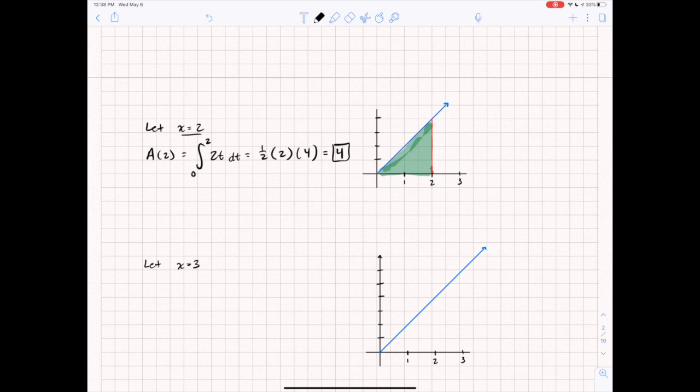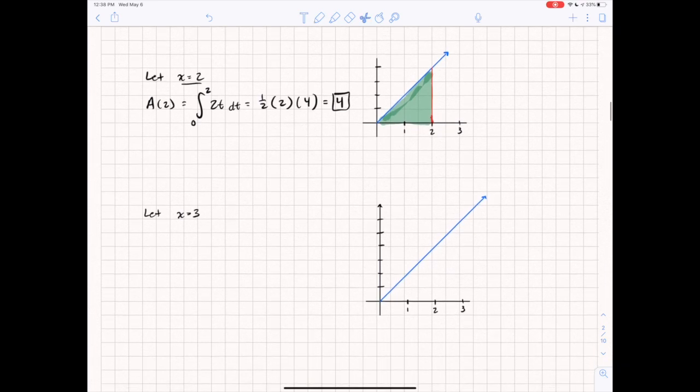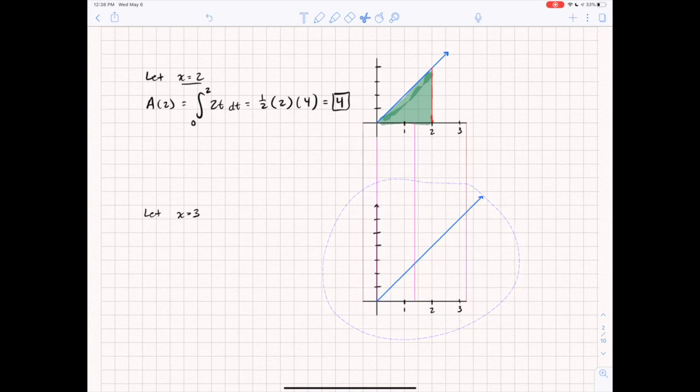All right, well, what about when x is 3? So again, I'm going to fix the graph. Okay, so this means I want to find A of 3. So what's the area if I move the slider to 3? So 0 to 3, 2t dt. Again, I'm moving the slider now to 3, so I'm going to draw a vertical line at 3.